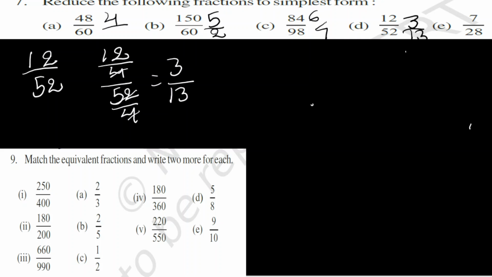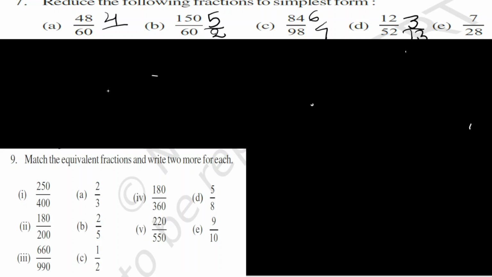And let's take another example, 7 by 28. To find out the simplest form, here 7 is the only factor for both 7 and 28, and 7 will be the HCF here.